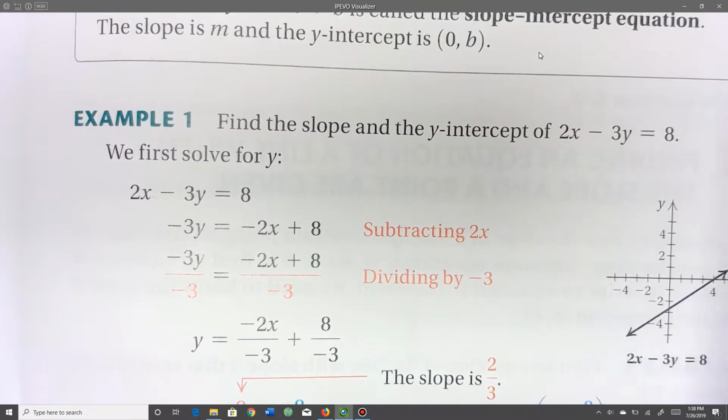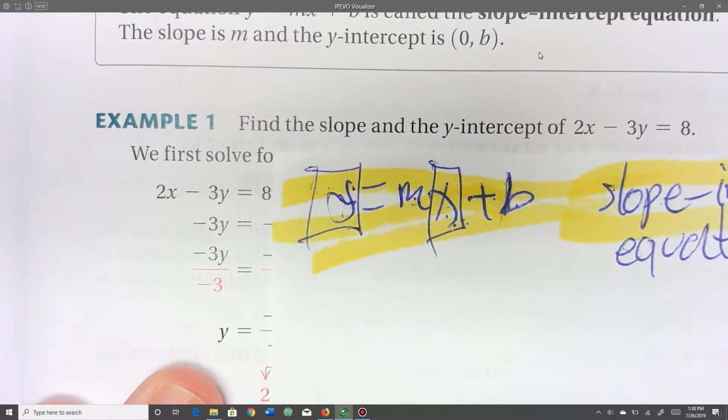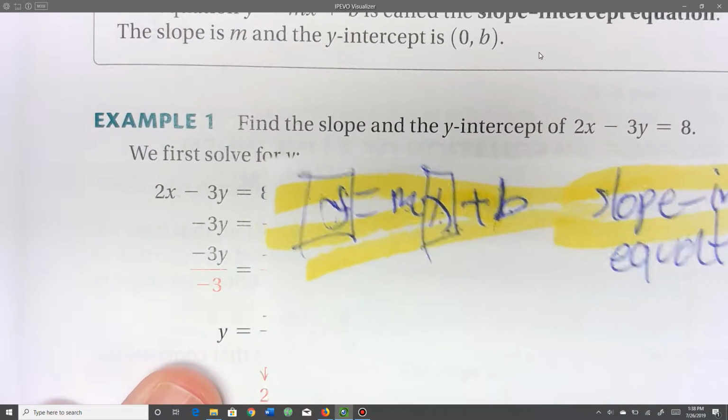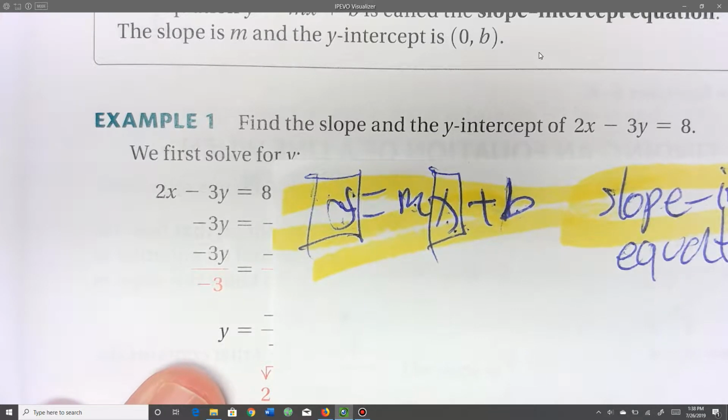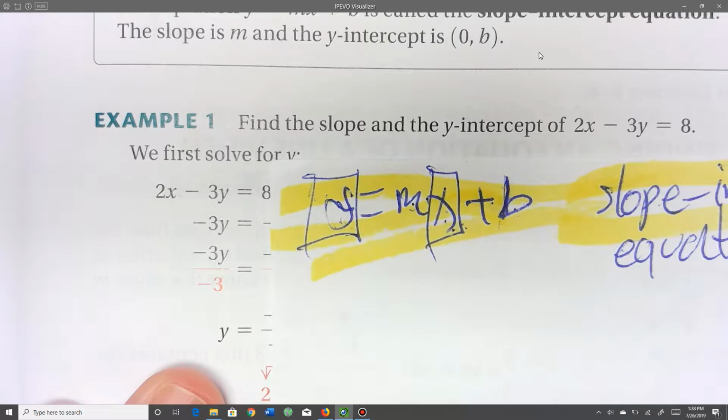We have a problem, for example one, where they're asking us to find the slope and the y-intercept. This is just setting us up to form equations like this.